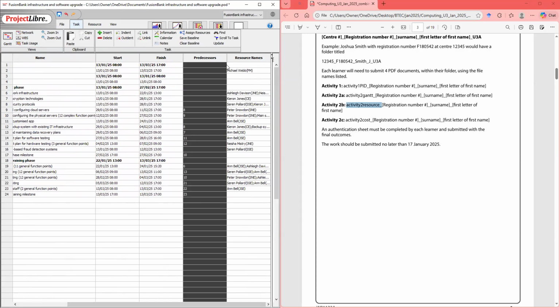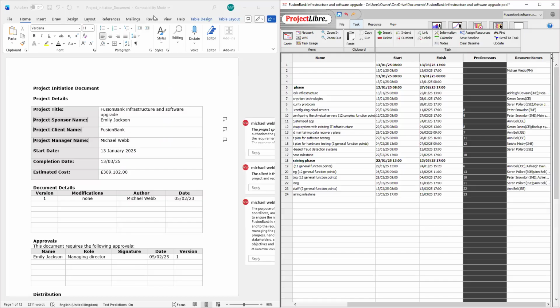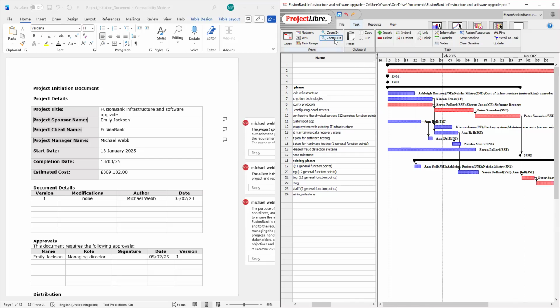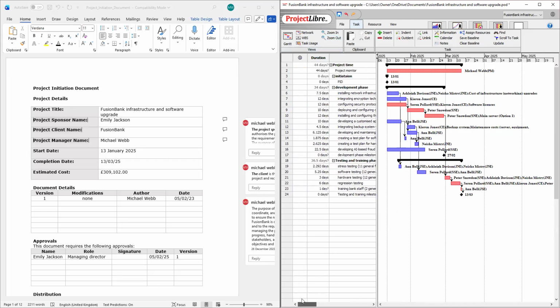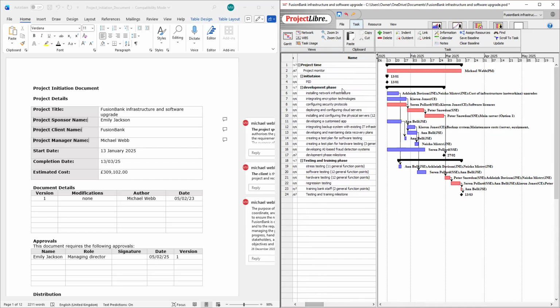So we have the Gantt chart. If I zoom out, what will happen? All right, so now I'm going to print it.